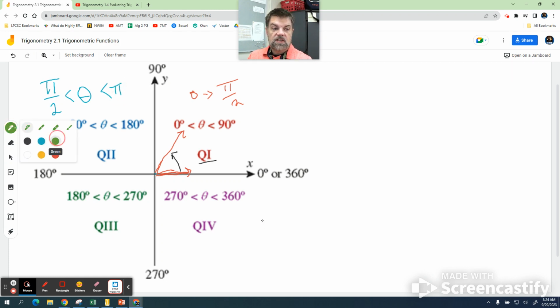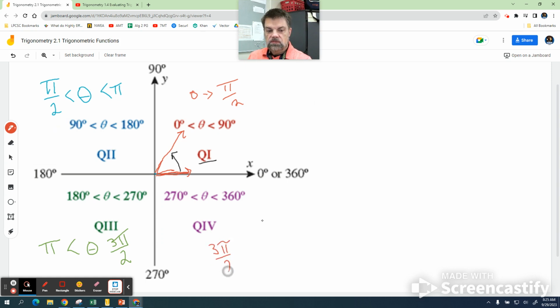This one down here would be from pi to 3 pi over 2. And then lastly, the fourth quadrant, it's going to be 3 pi over 2 to 2 pi.